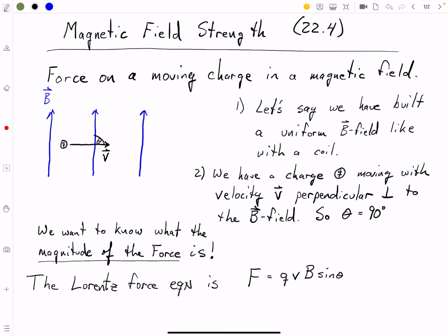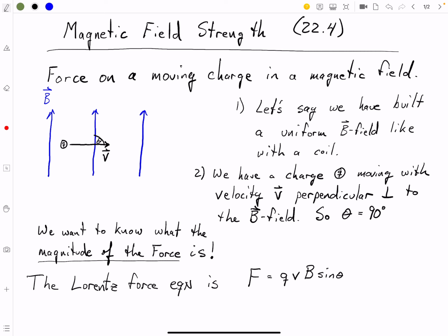So here's the whole thing. We've got a magnetic field. You can see it here in blue. And ways to measure different field strengths. When we were dealing with the electric field, what did we do? We had Coulomb's law, right? And then that gave us F equals QE, right?